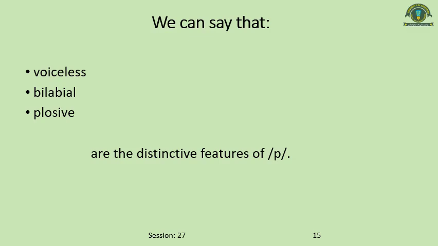For example, other bilabials were there, dentals were there, labiodentals were there. So we were trying to separate the features of the /p/ sound. And now we are in the position to say that voiceless, bilabial, and plosive are the distinctive features of /p/. Is it clear? That's good.